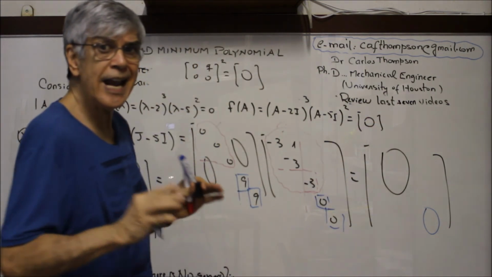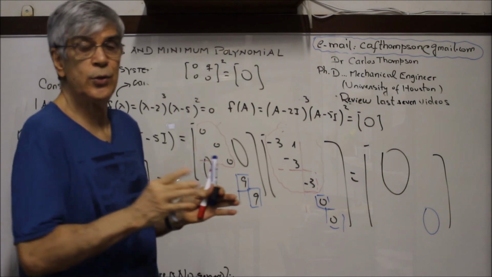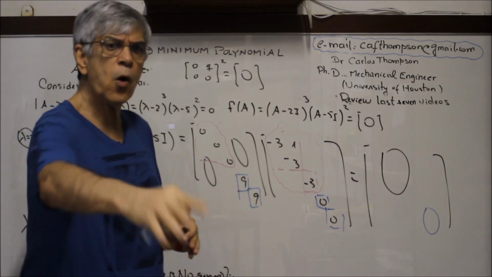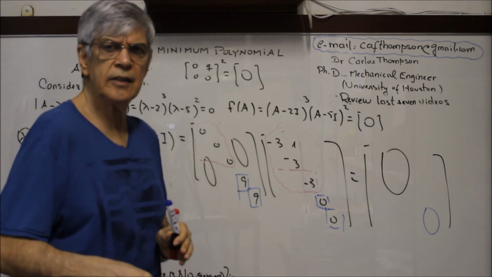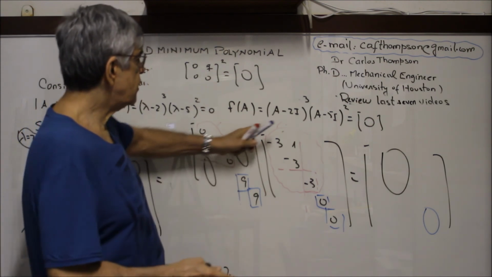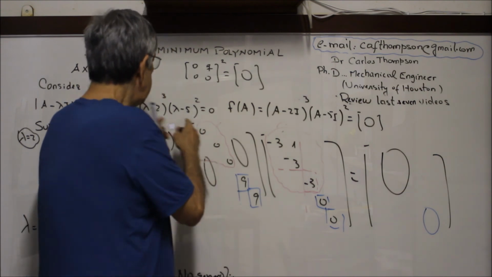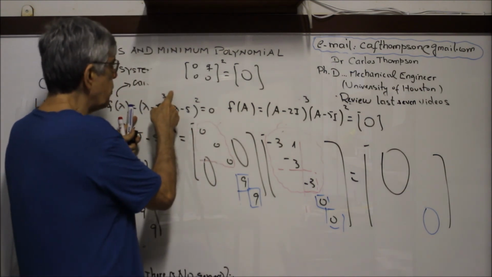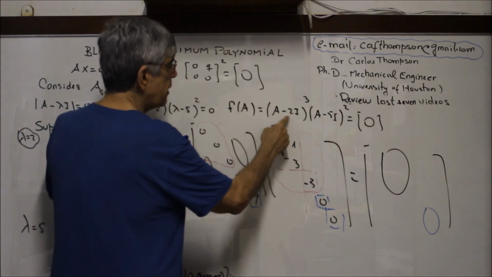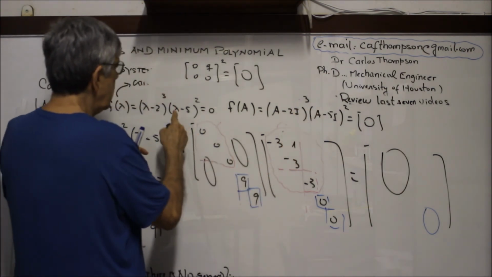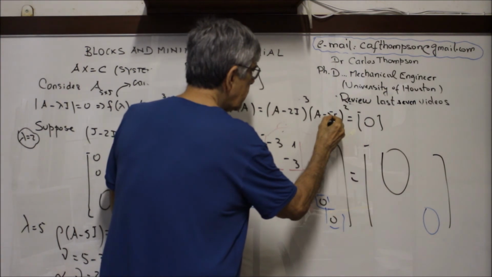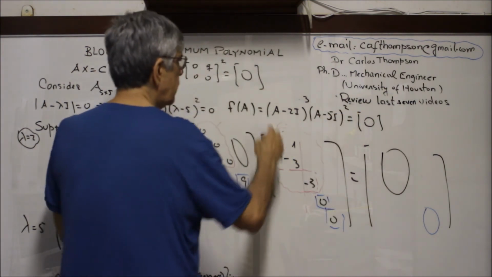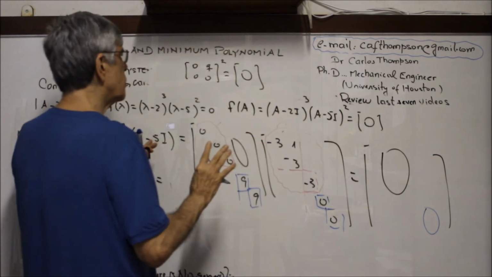From the Cayley-Hamilton Theorem, which we will not prove here, you can open any book or video and see this theorem. Then you have lambda minus 2 to the power 3, here a minus 2i to the power 3, and lambda minus 5 to the power 2 is a minus 5i to the power 2. The product is always 0.